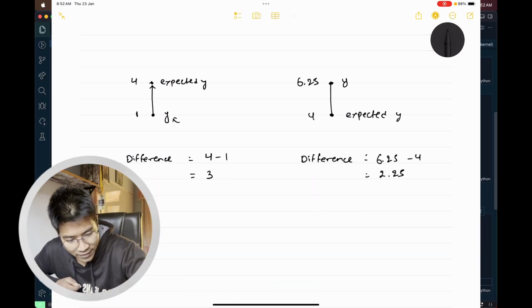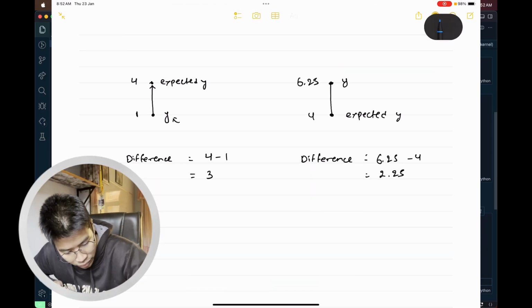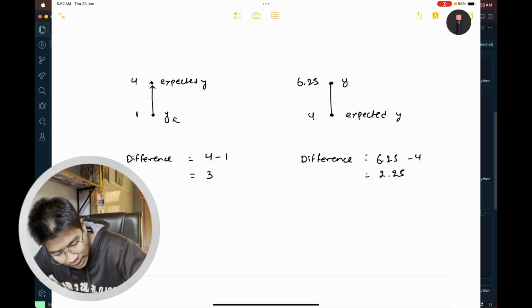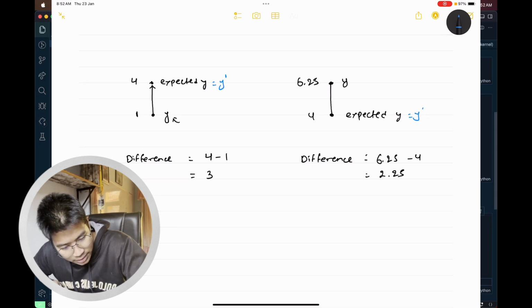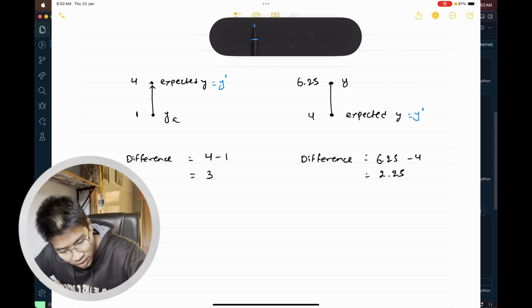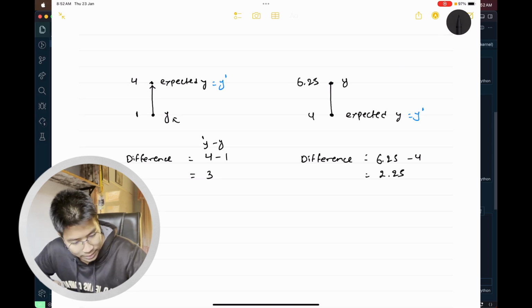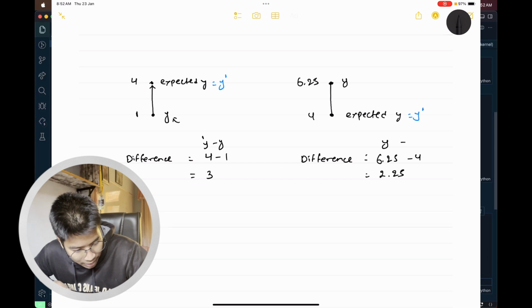So let's think of a formula that we can do this from. Over here, this 4 is actually the expected y. It's too hard to write expected y all the time, so let me just write that as y dash. Expected y is y dash now. So the difference the way I calculated was y dash minus y, and this difference is y minus y dash.